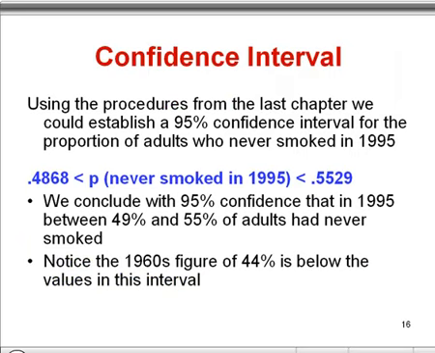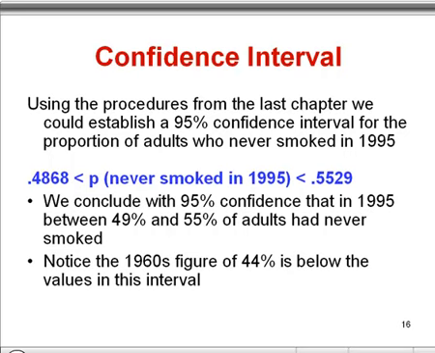As a final detail, we could use the procedures from Chapter 7 to establish a 95% confidence interval for the percent of adult non-smokers in 1995. What is interesting is that the interval goes from roughly 49% to 55%.